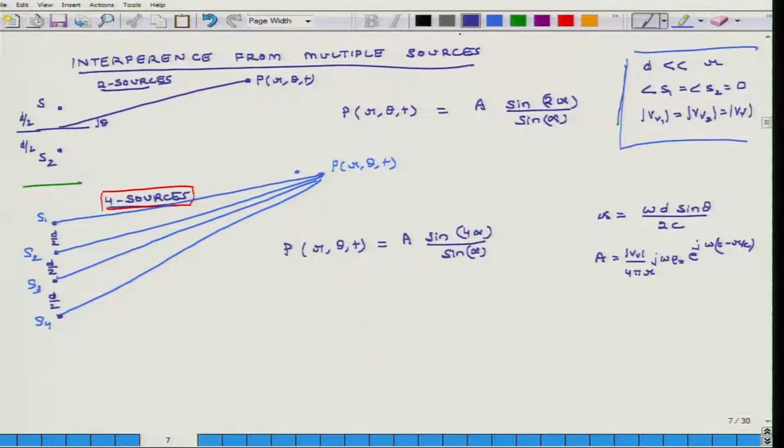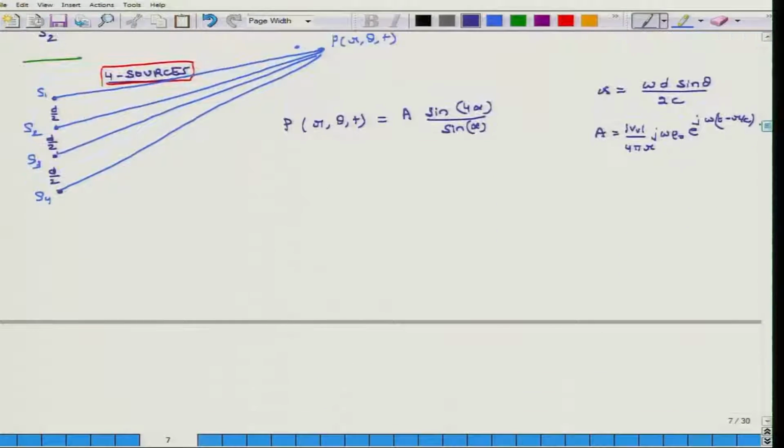I can continue adding sources, and I will find a very specific and clear trend: if I have 6 sources, my P of r, theta will be A sin 6 alpha divided by sin alpha, and so on and so forth.